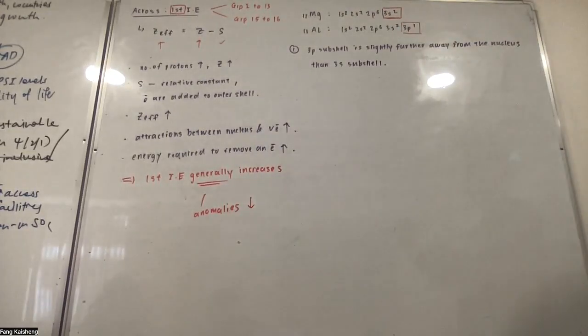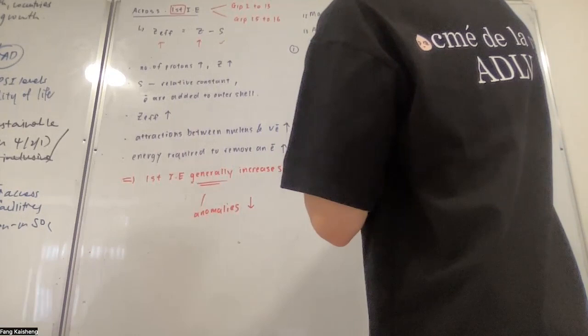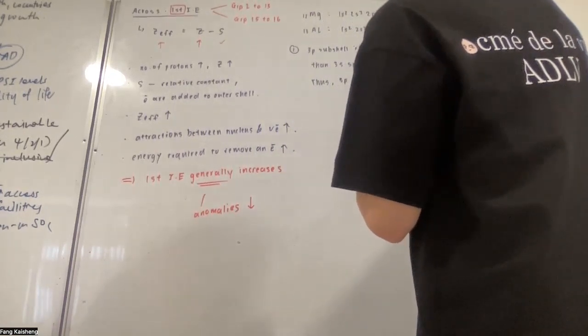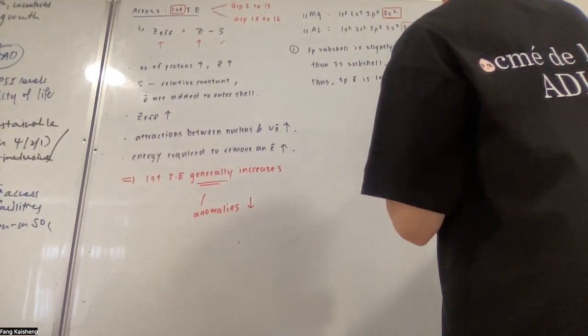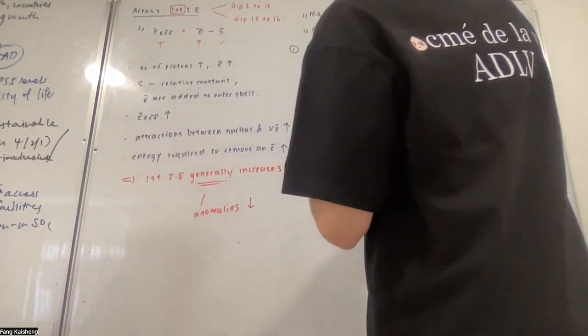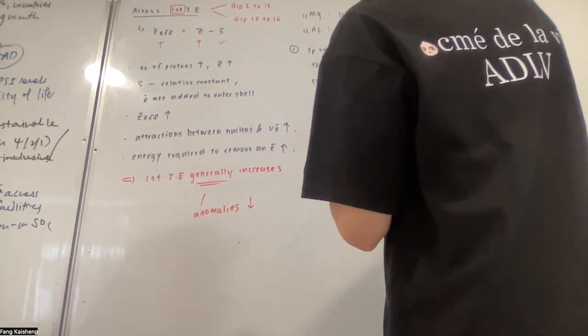Now, because of that, if it's slightly further away, you can tell me this. Thus, the 3p electron is less attracted to the nucleus and requires less energy to overcome or less energy to remove.